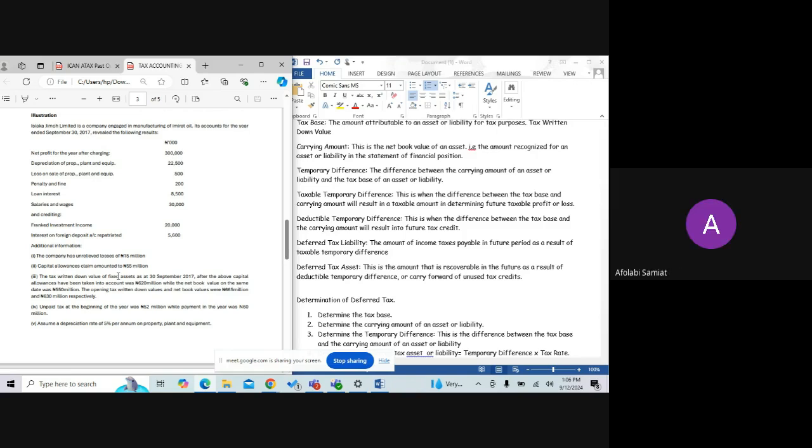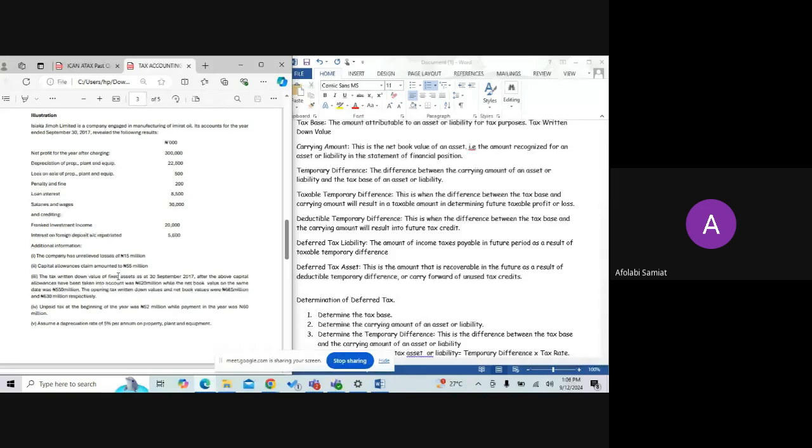Additional information. The company has unrelieved losses of 15 million. Capital allowance claim amounted to 55 million. The tax written down value of a fixed asset as at 30th September 2017 after the above capital allowance have been taken into account was 520 million, while the net book value on the same date was 550 million.